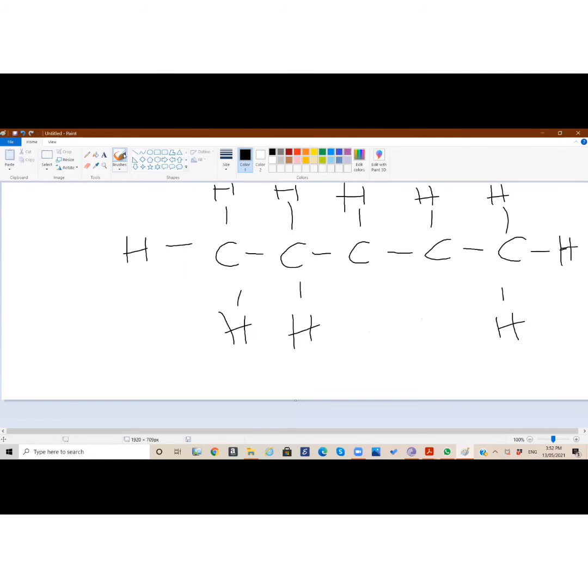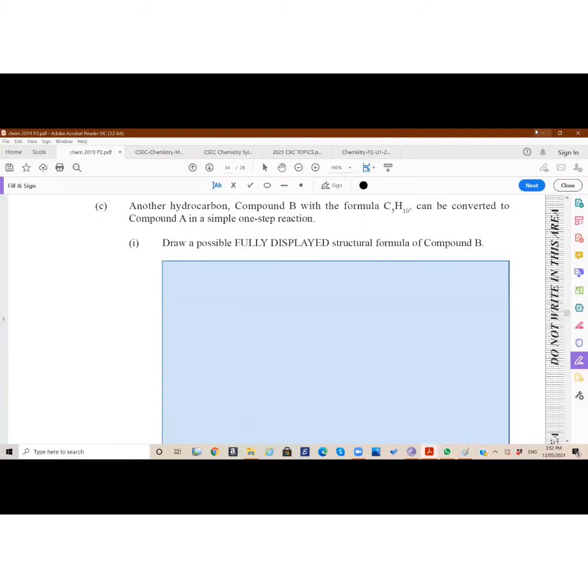Because we remove those 2, we have to have a double bond here for that to be possible. So C5H10 is an alkene. You guys would have figured that out in your head? Yes, miss. All right, good. So it's an alkene.